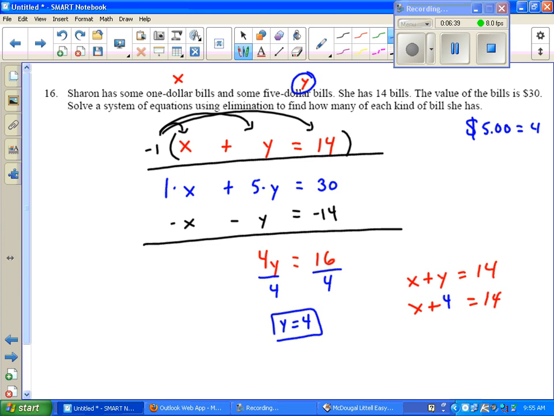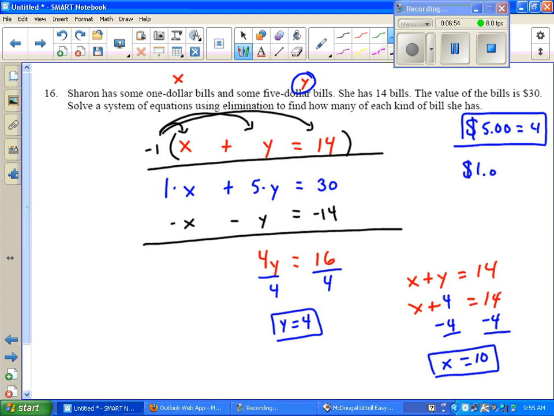Get rid of x plus y by subtracting 4 on both sides, and x's value is 10. So your $5 bills was 4 of them, and your $1 bills, there are 10 of them. 4 and 10.